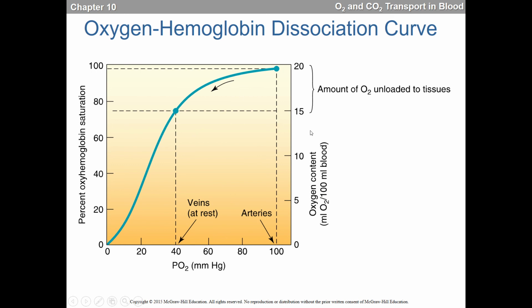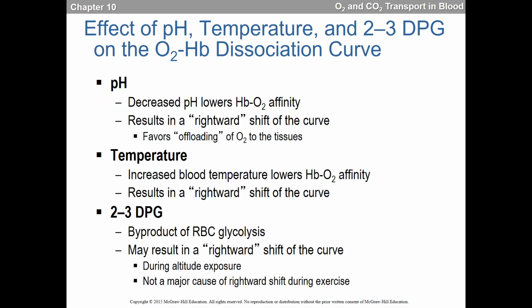The oxygen content is going to come off, or percent oxyhemoglobin saturation is going to get less saturated the lower the PO2 is. And if you remember, within our cells, like our muscle cells, it's around 40 or so. So it's likely to come off, and we're going to get some oxygen off of the hemoglobin at that time.